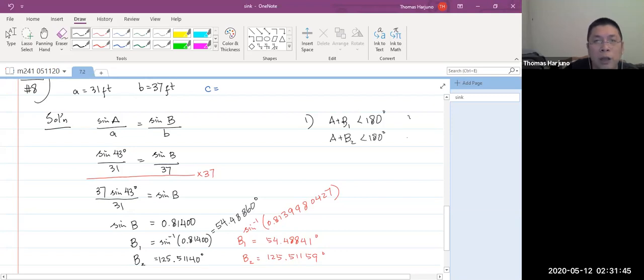Now both of them check. The second thing you need to check is this: 43 degrees corresponds to 31 feet, so 37 feet should give you a larger angle. Is that right? Either B1, which is 54 something, that's okay, or B2, which is 125 something, that's also okay.